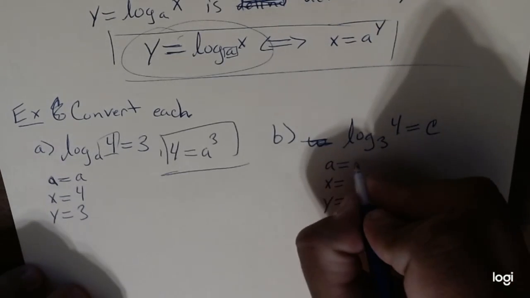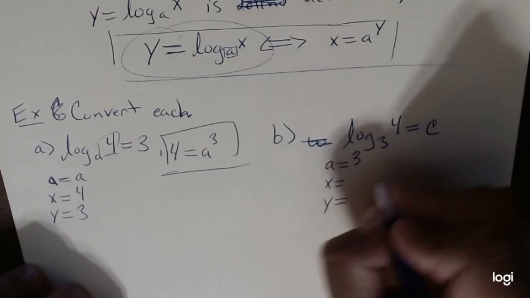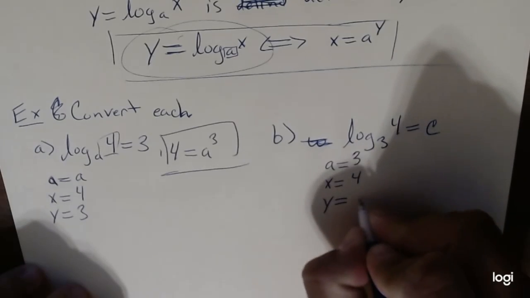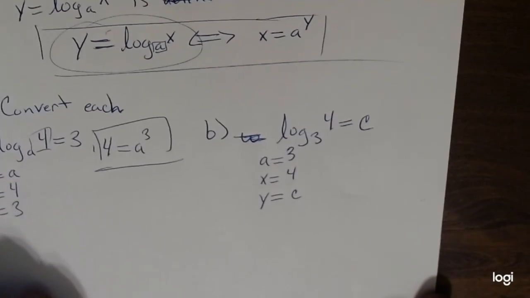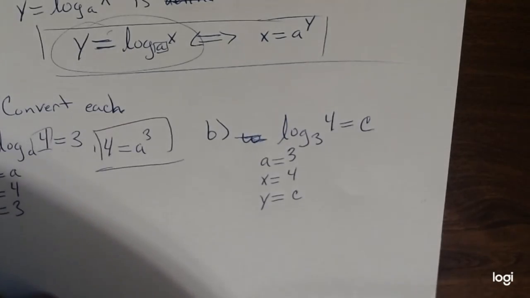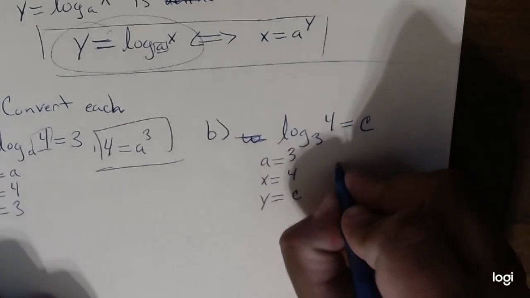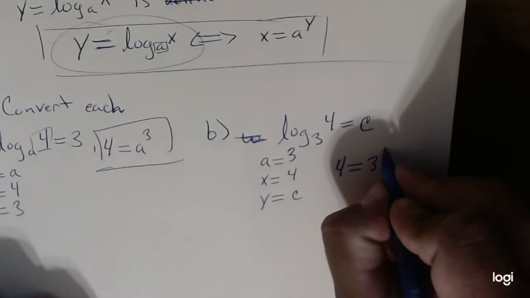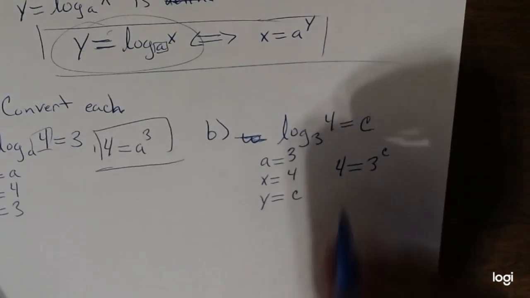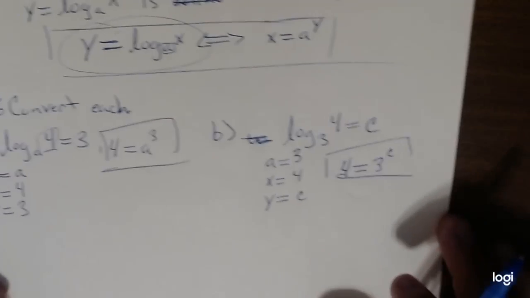So a in this case is our base, which is 3. x is again 4, and y is going to be c, right? Because that's what it equals. Again, if I just write, according to our definition, x, which is 4, is equal to the base, which is 3, raised to the c power. And there we go. That's our conversion.